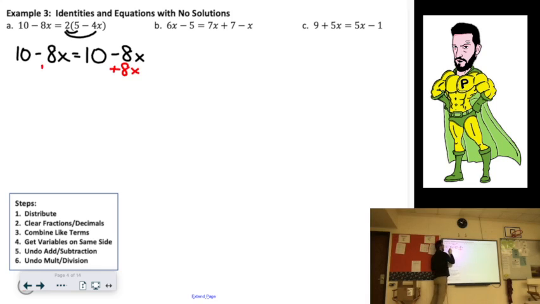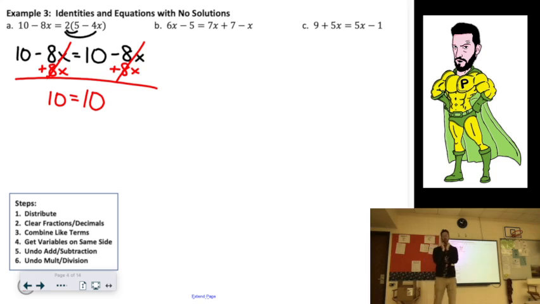All right. Here we'd have 10, negative 8x plus 8x cancels. Weird. Over here we got 10, and negative 8x plus 8x cancels. Oh my gosh, all the x's have disappeared. Now, what's left? 10 equals 10.